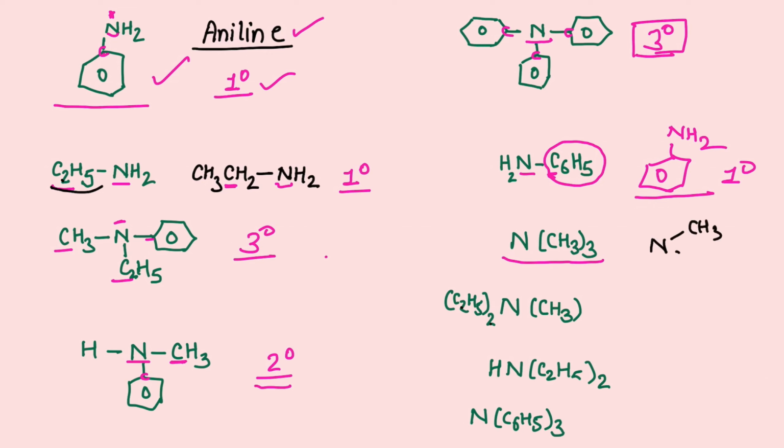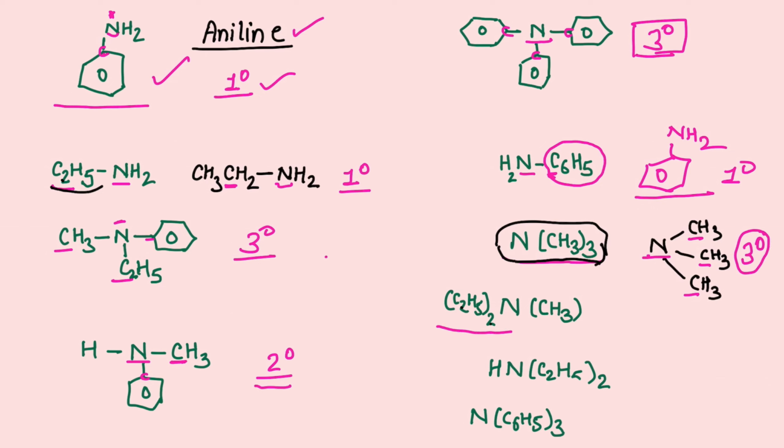Nitrogen is attached to 3 methyl groups, which we have written in the compact form for the ease of writing. Now in this case you can clearly see that nitrogen is attached to 1, 2 and 3 carbons, so its degree is 3 degree.